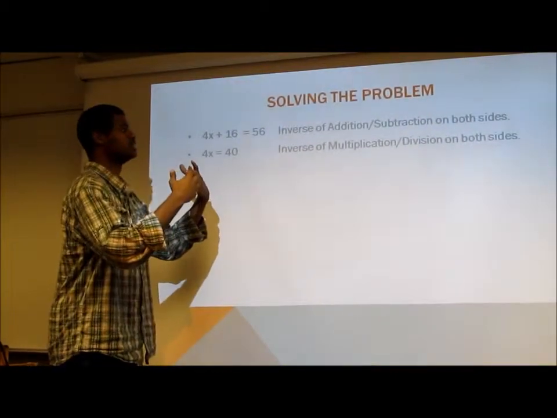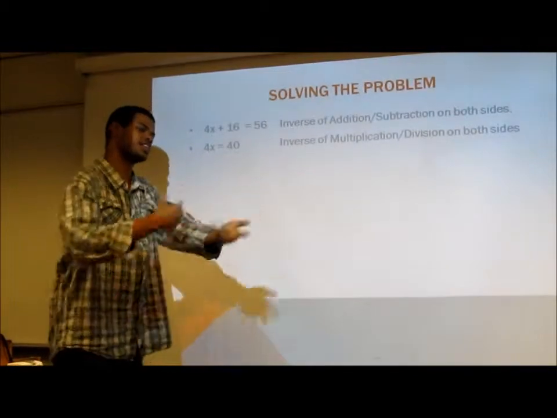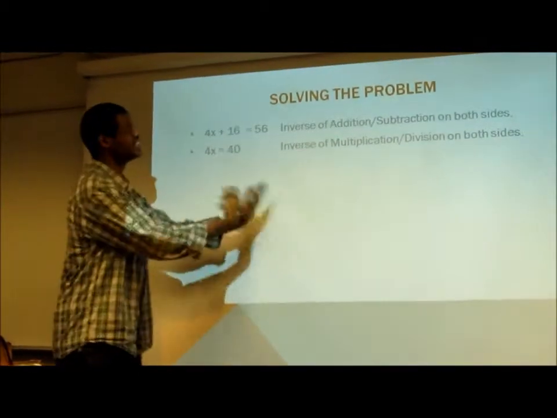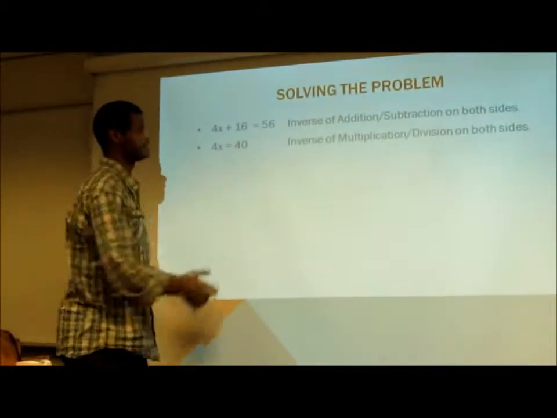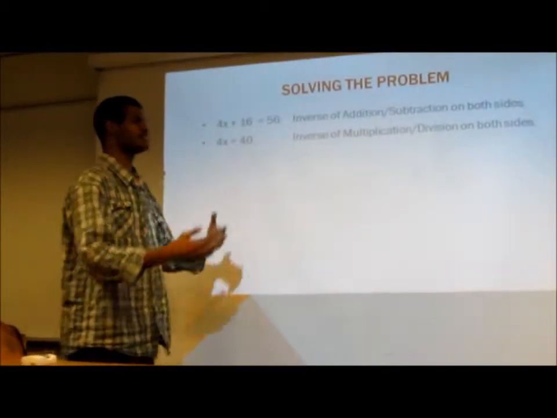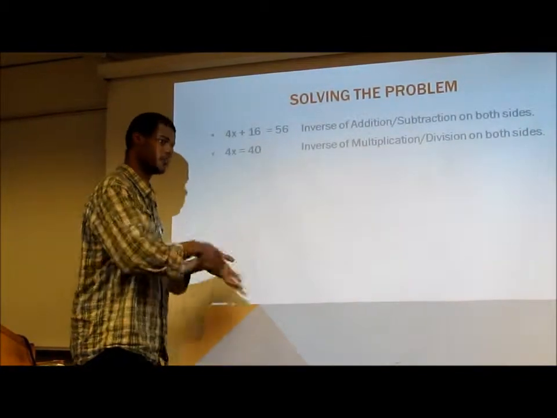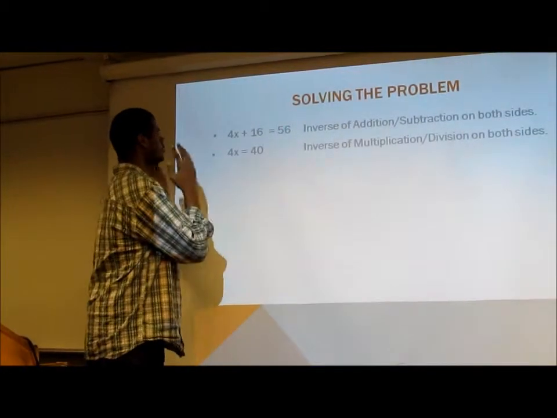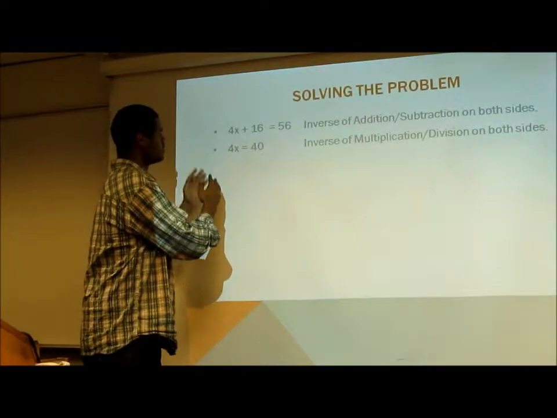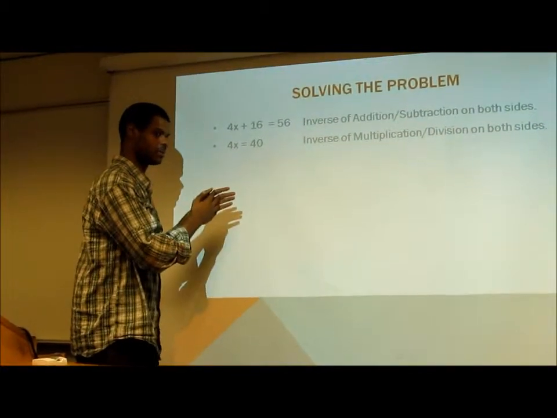Now, in PEMDAS, you would do multiplication and division from left to right, then addition and subtraction. Seeing as how we did addition and subtraction first, and the inverse of that to get to this point, you could probably guess that we have to do the inverse of any multiplication or division in the problem on both sides to get to the next point. So 4x, the 4 next to the x indicates that there's multiplication somewhere.